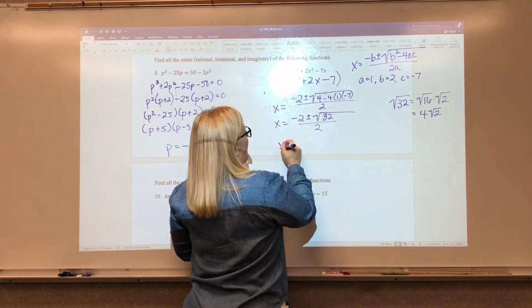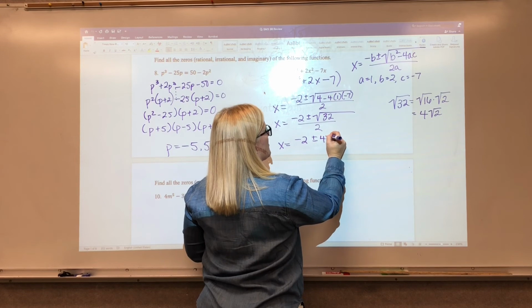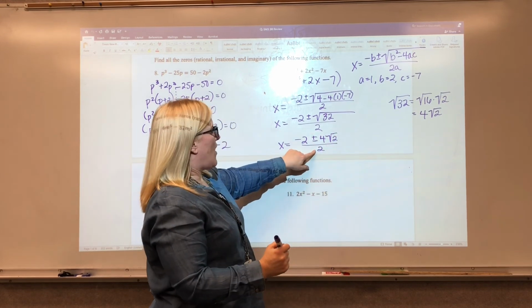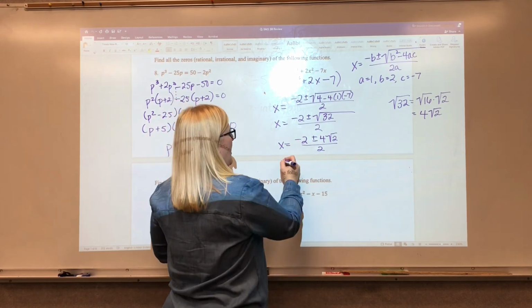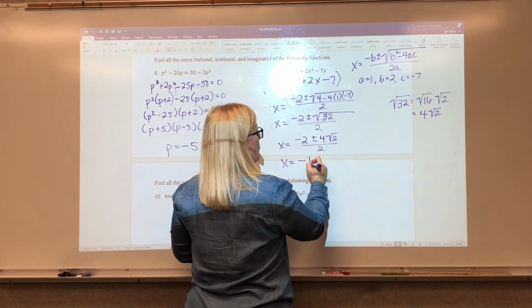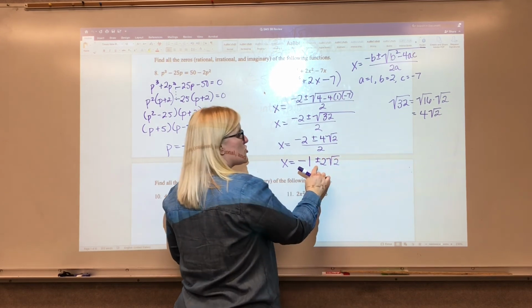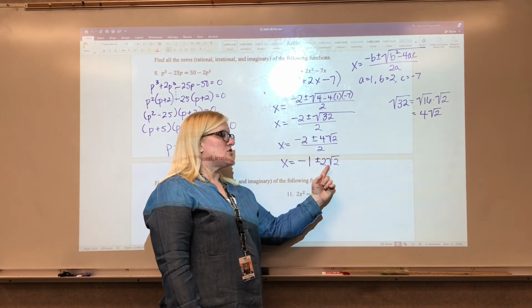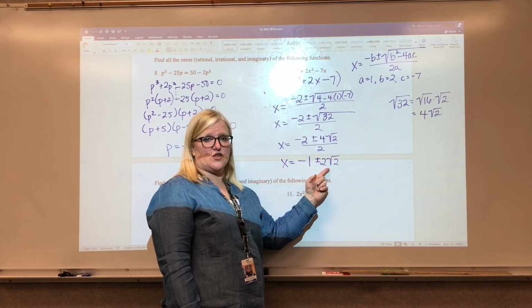So when I put that in, I have negative 2 plus or minus 4 times the square root of 2 all over 2. And now I divide through by this 2, and I have x equals negative 1 plus or minus 2 times the square root of 2. These are two answers, remember. One is negative 1 plus 2 times the square root of 2, and the other is negative 1 minus 2 times the square root of 2.